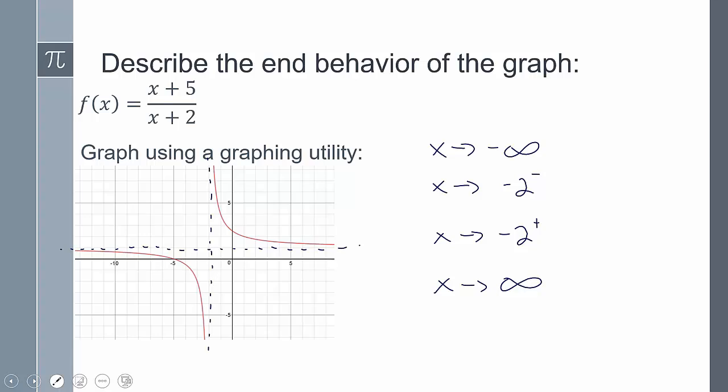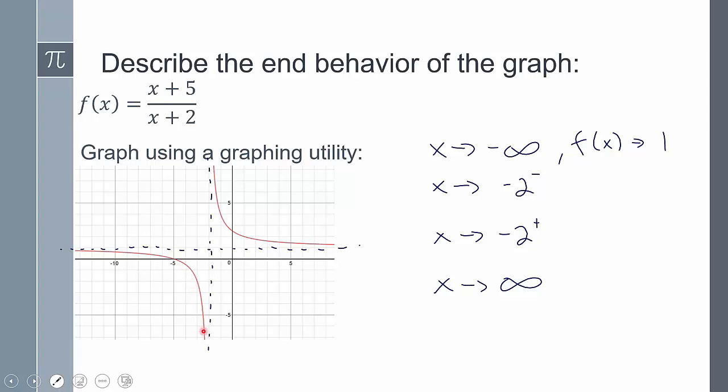To say that again, my x value is going to negative infinity. Then it's approaching -2 from the negative direction. Then it's approaching -2 from the positive direction. And then it's going to infinity. So now I just need to state what my y is doing. In this instance, as x is going to negative infinity, my y value is 1.